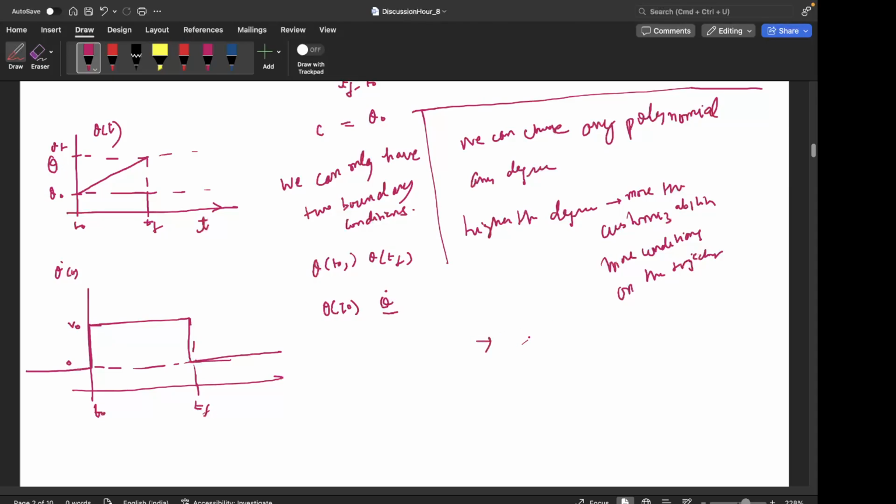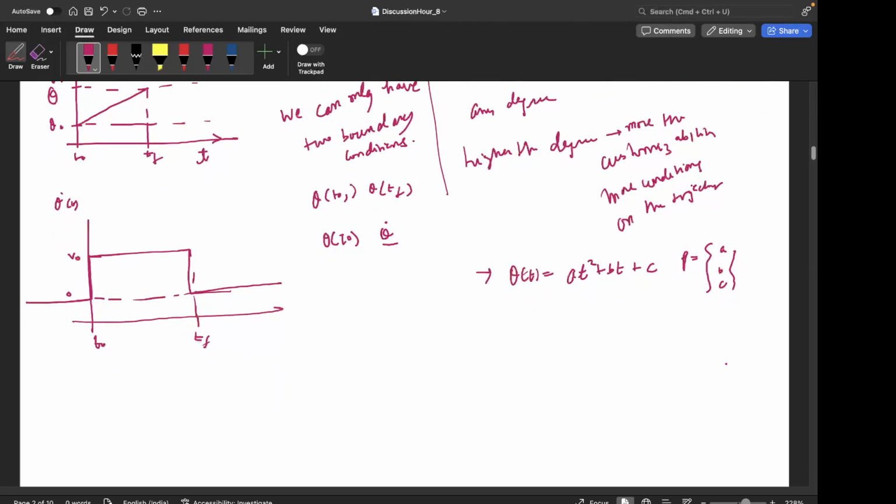So you can have quadratic. Quadratic will be theta t is equal to a t square plus b t plus c. So here the parameters are a, b, c, three parameters, so you can specify three conditions, right? And then you have the cubic ones, which is a t cube plus b t square plus c t plus d.